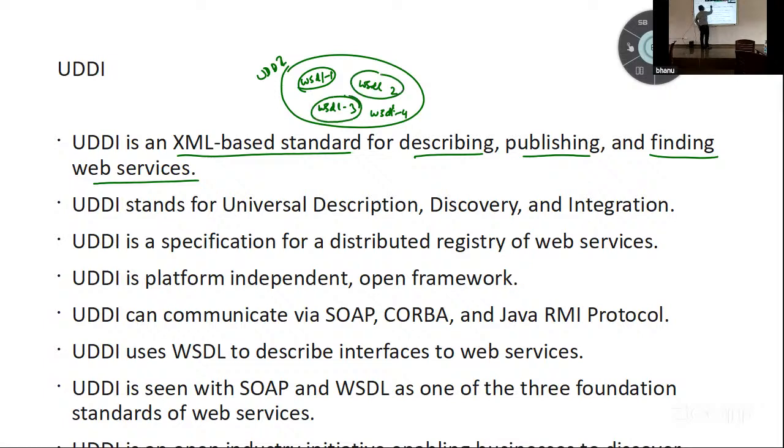This is another service. This is another service. All of them, I keep in one place that I'm naming as UDDI. So in the world, how many web services are there? All of them will be at UDDI.